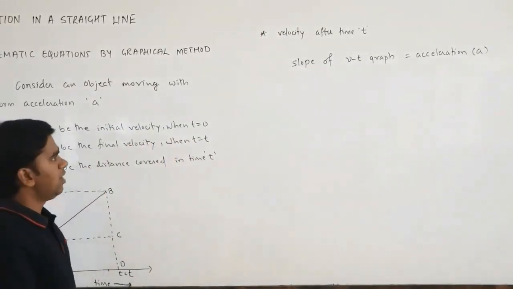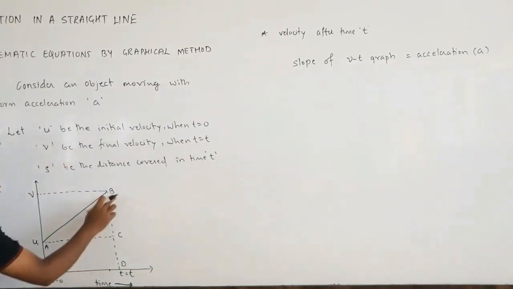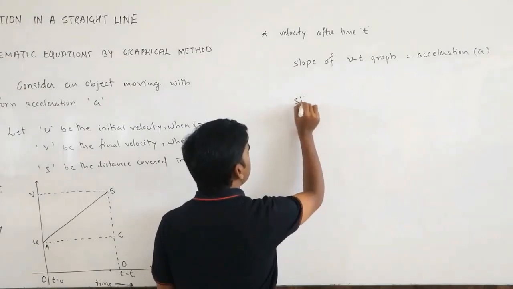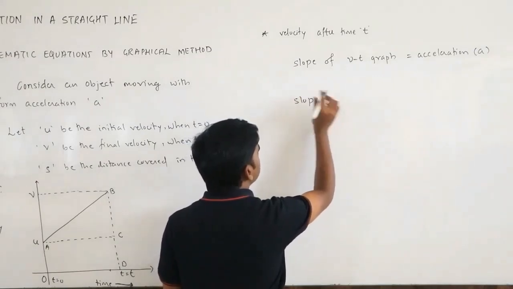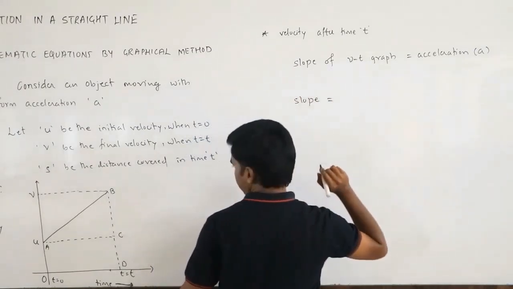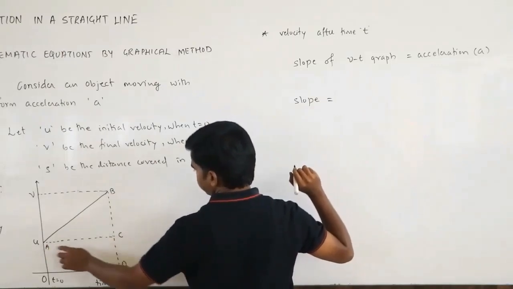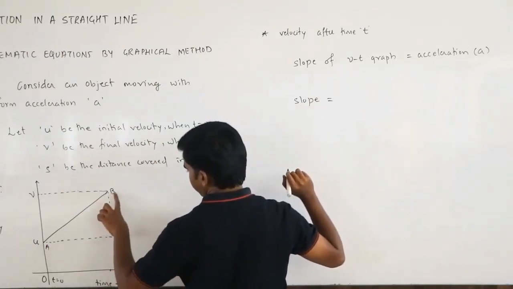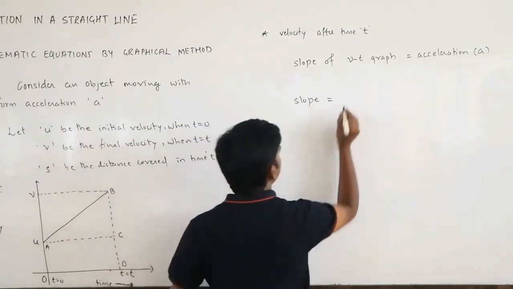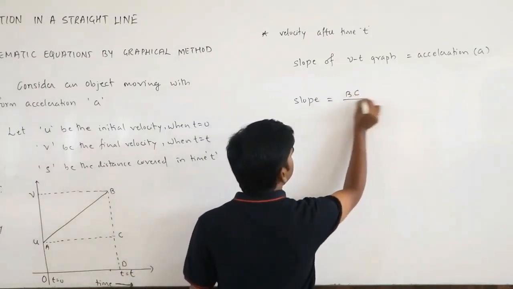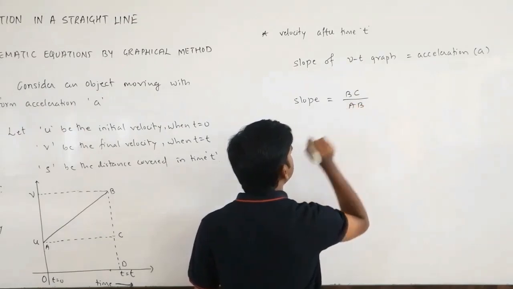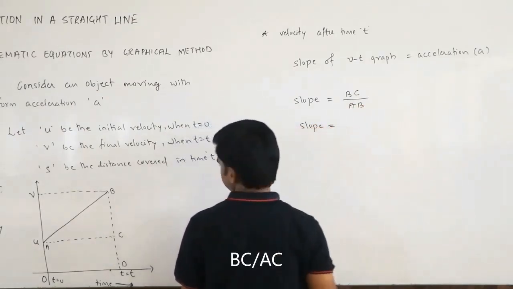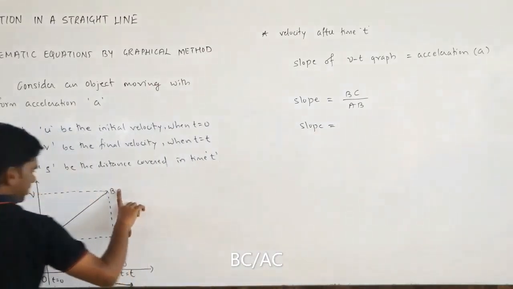So now how can we calculate the slope from here? Slope is equals to, from triangle ABC, BC divided by AB is the slope. So what is BC?